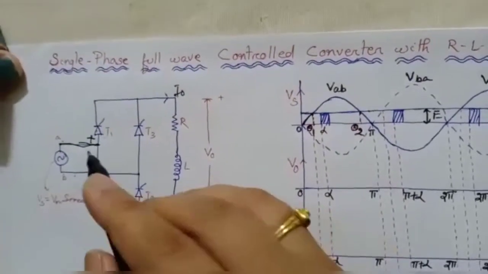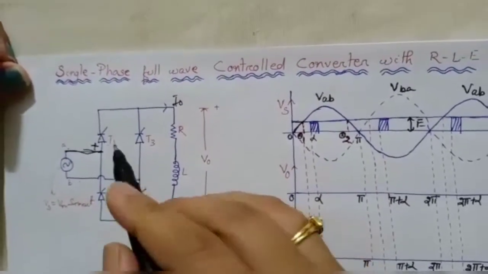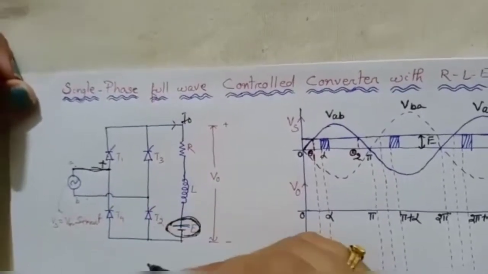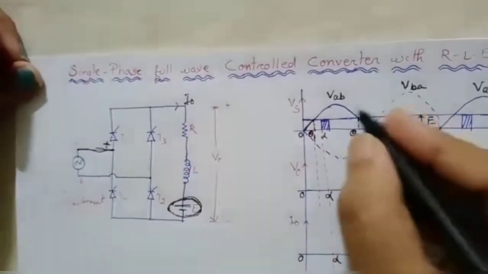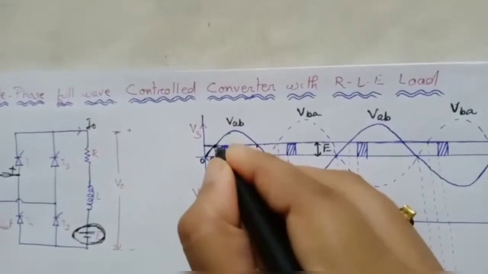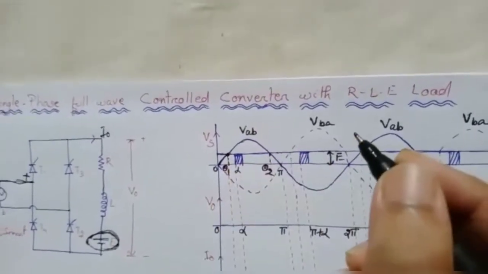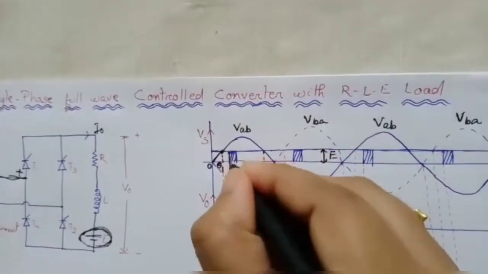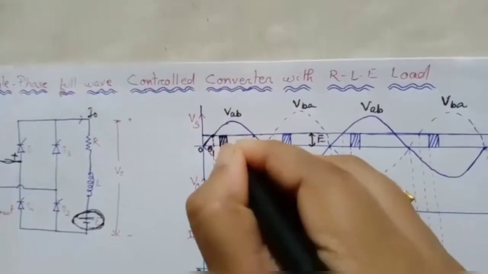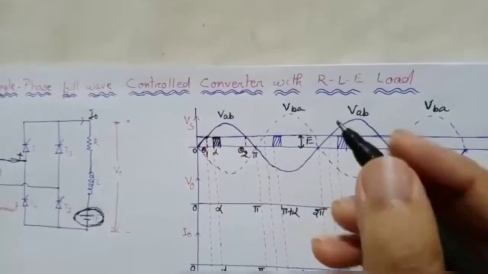But when Vs is greater than E, then T1 and T2 will conduct. So after this theta point we can turn on the thyristor, but before theta we can't. Here we provide the gate pulse at an angle alpha.